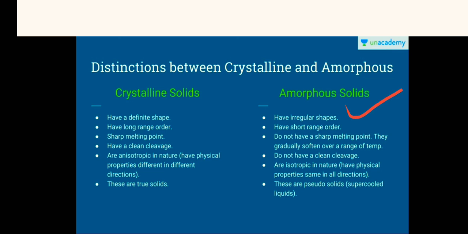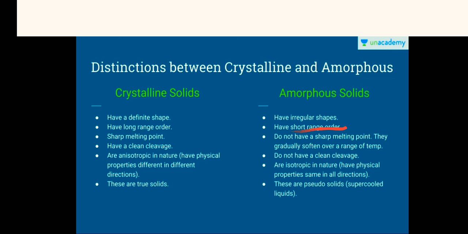Then crystalline solids have long range order. So what is long range order? We have just studied that they have the same kind of arrangement over a longer area. Whereas amorphous solids have short range order, in which the arrangement keeps changing after small intervals.